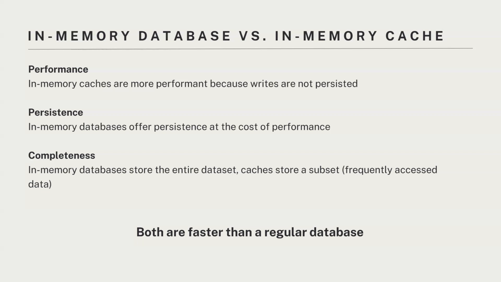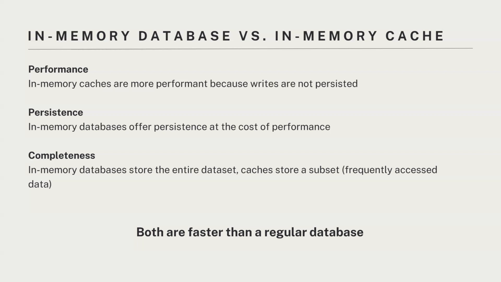And then the last difference here is completeness. In-memory databases will store your entire data set. So if you're working with relatively small amounts of data, then an in-memory database can be a good choice. Whereas caches will store a subset, typically frequently accessed data. So it's a difference of all your data in memory versus just what's frequently being accessed by the client.